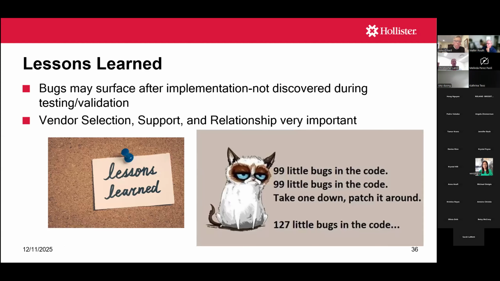Some of the lessons we learned. Even though you go through IQ, OQ, PQ, and you're provided test scripts that you execute, after you implement your system and go live, you may discover some bugs that you didn't discover previously. That certainly hasn't happened to us often, but it did happen a couple times. Again, that's why it's very important to choose a good vendor.